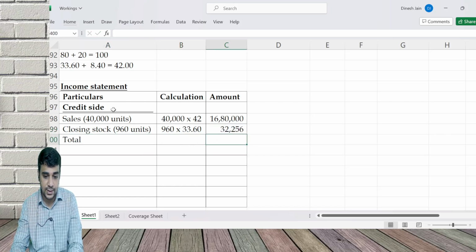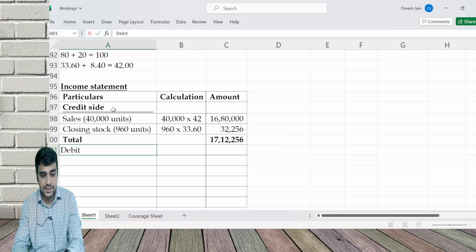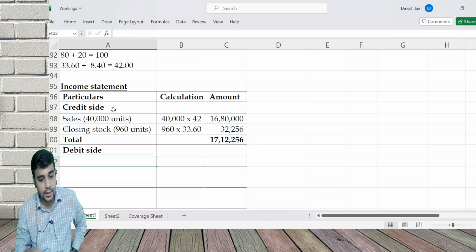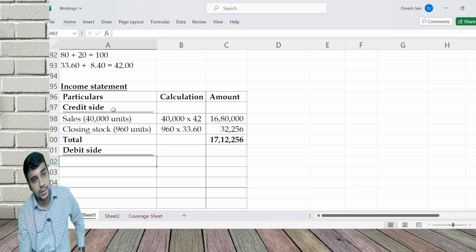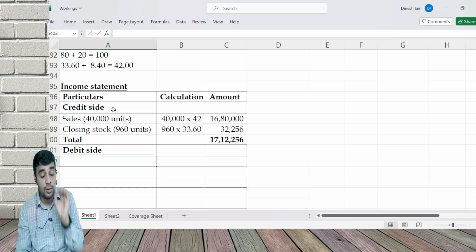This is the credit side total. Credit side total is 17 lakh 12,256. Debit side, last column of every variance, actual material cost, last column, material cost.